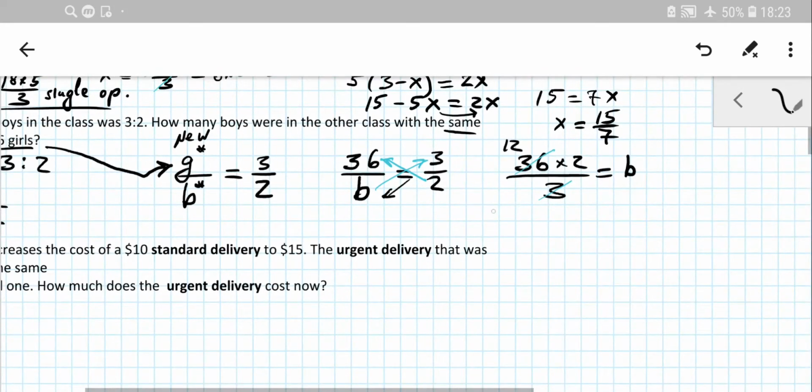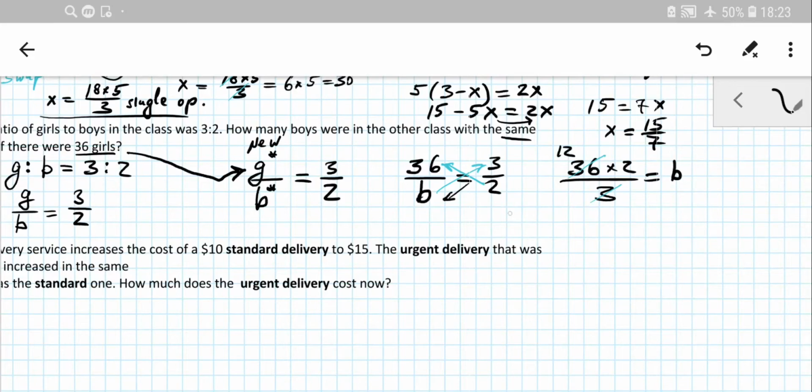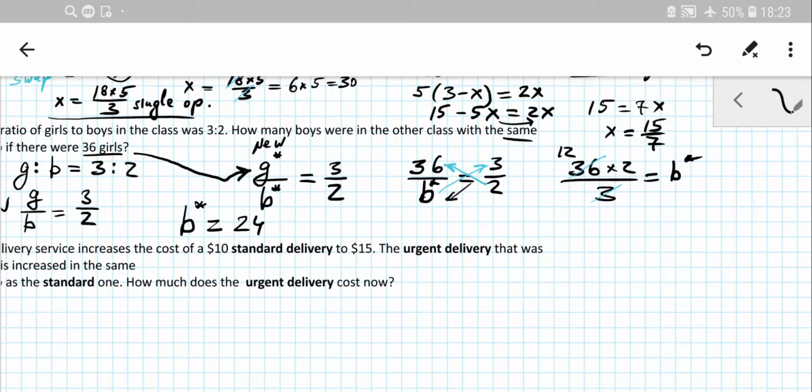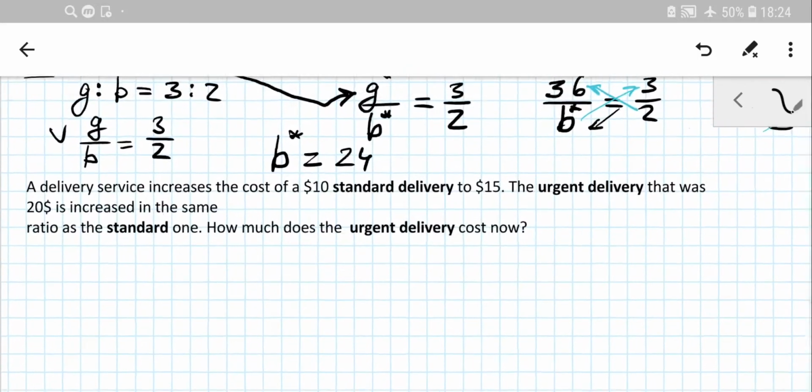So the number of boys here is simply 12 times 2, which is 24 boys. That's a new value. I put a star everywhere indicating that B star is the new number of boys. So that was simple.